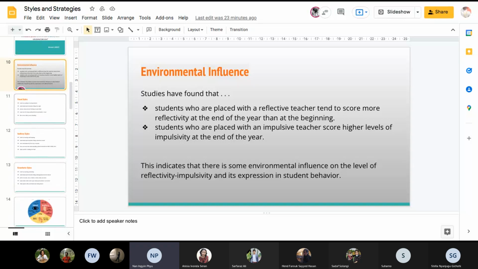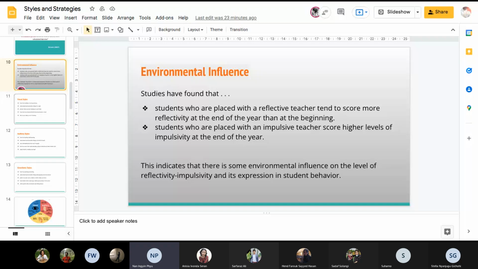And also the students who are with an impulsive teacher will score a higher level of impulsivity at the end of the year. So among all the different styles, these two styles have a really strong environmental influence.